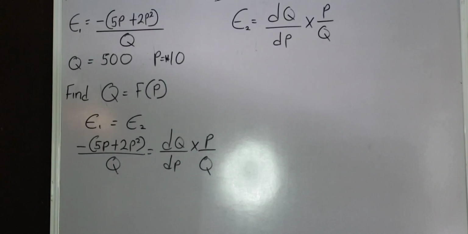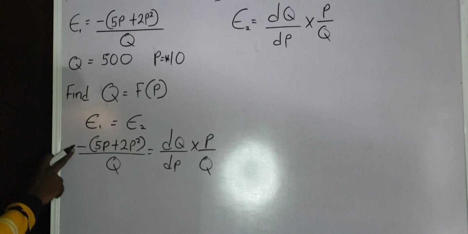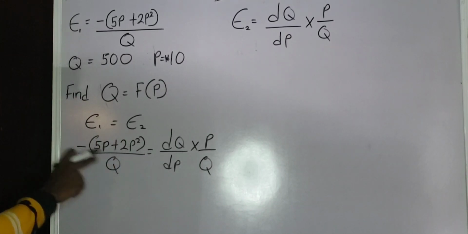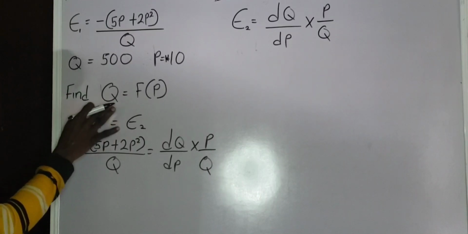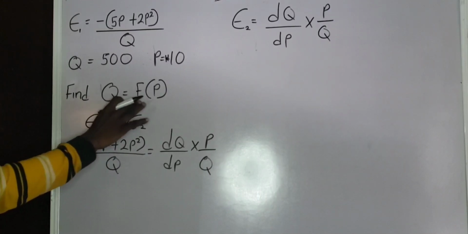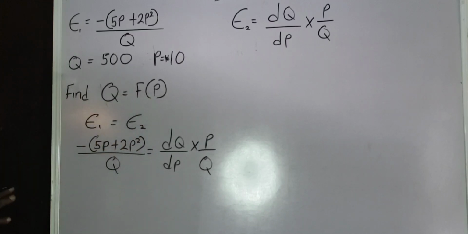Take note of the negative sign: it affects all the parameters inside the bracket. Now, the next step is to divide both sides by P over Q. Don't forget that our aim is to derive the demand function Q equals f(P).